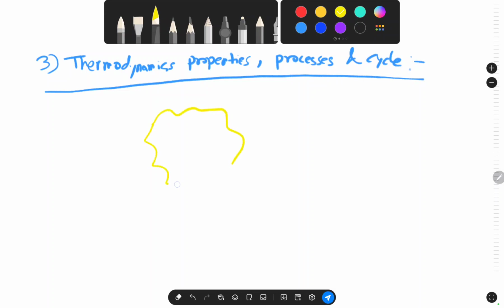The physical behavior of a system can be described with the help of certain parameters that are macroscopic in nature, that is temperature, pressure, volume. These are required to describe the system, and these are called the properties of the system.